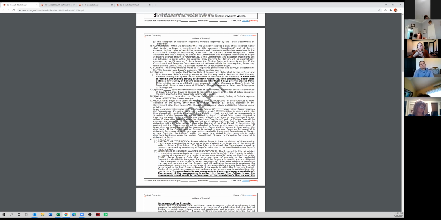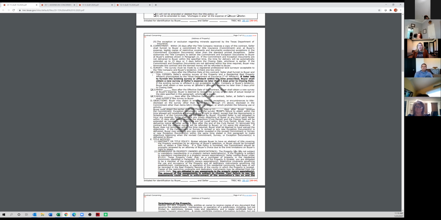Okay, if that number of days is blank, then you have all the way to the closing date because you didn't say a date that was earlier than that. And so the buyer can opt out for basically anything on the commitment, the survey, or the title exception documents. They can opt out.